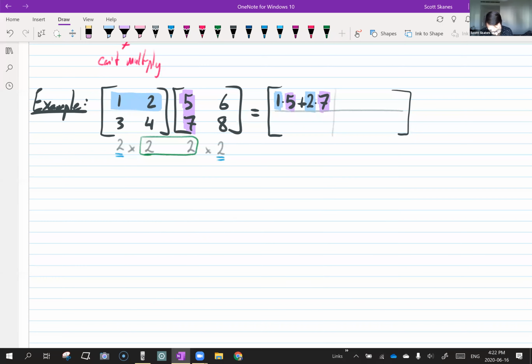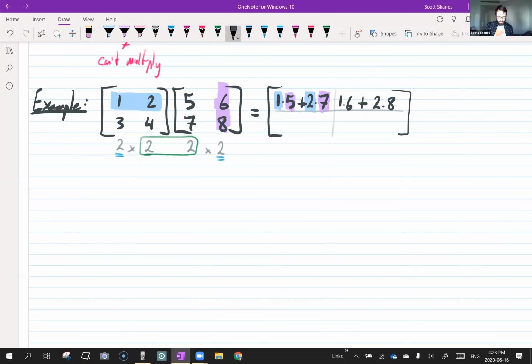For the next step, we want the first row with the second column. So 1 times 6, added to 2 times 8.